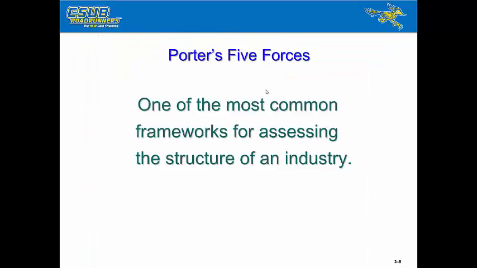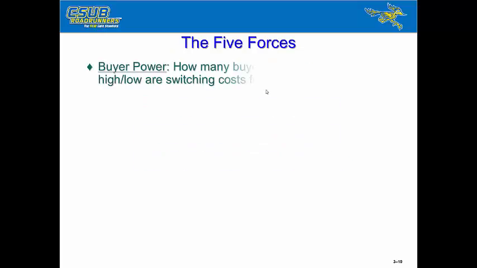So it's a very common framework for assessing the structure of an industry. And the five forces are, first of all, buyer power. How many buyers are there? In particular, how many buyers are there? And how high or low are switching costs for customers?